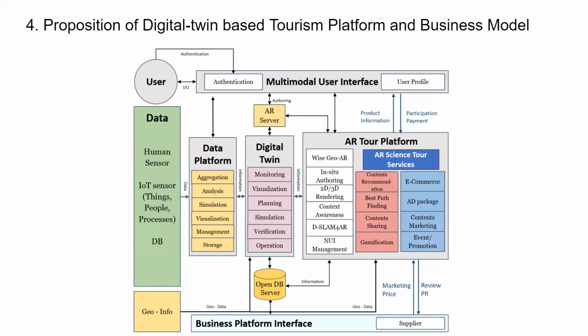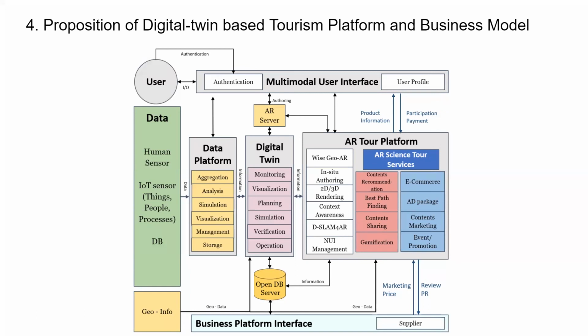Yes, by applying the technology and business model described above, tourists can experience virtual artifacts in Gwanghwamun Square and also receive recommendations of semantically related content through digital twin-based AR.